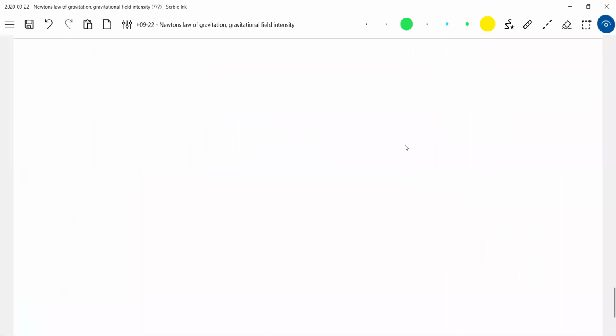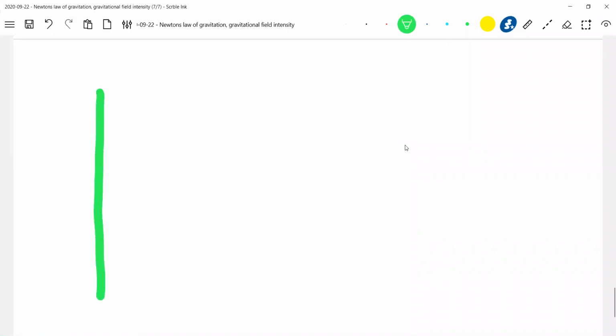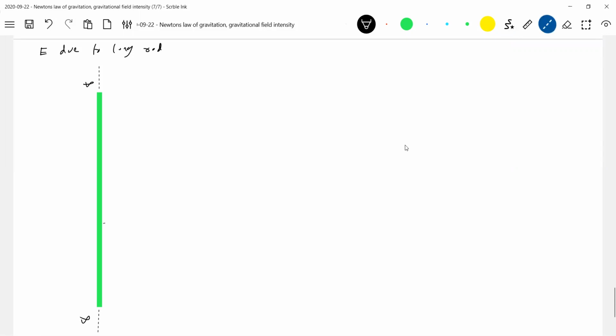No, finite rod is over. Now, infinite rod. Long rod it is. E bar due to a long rod. Now where am I asking for the field? Anywhere here.